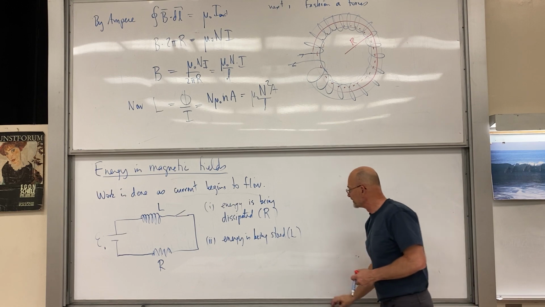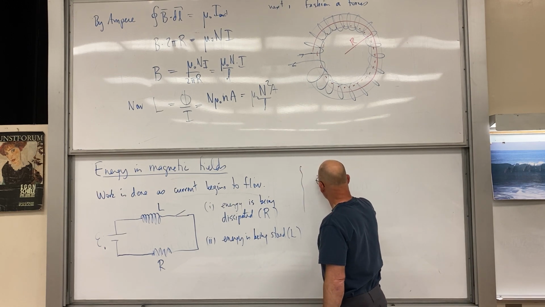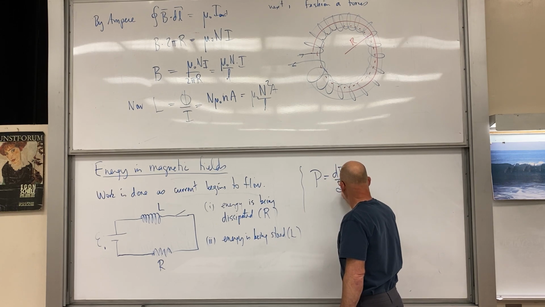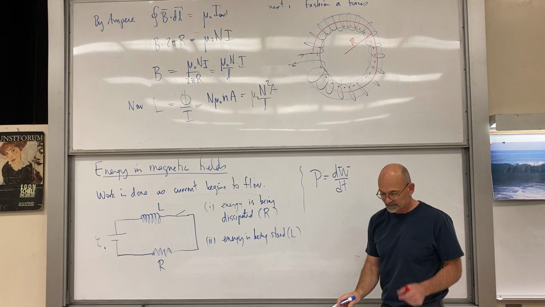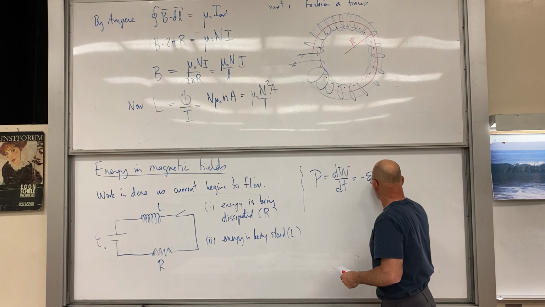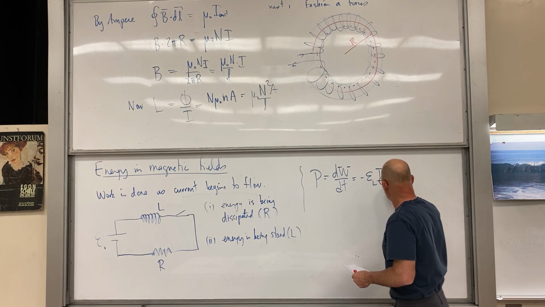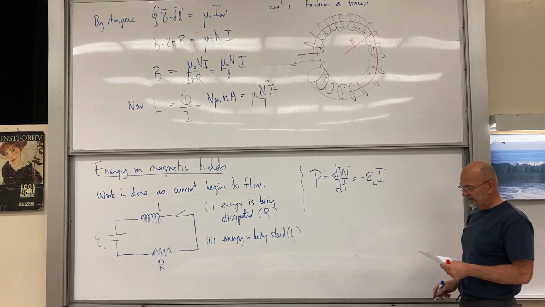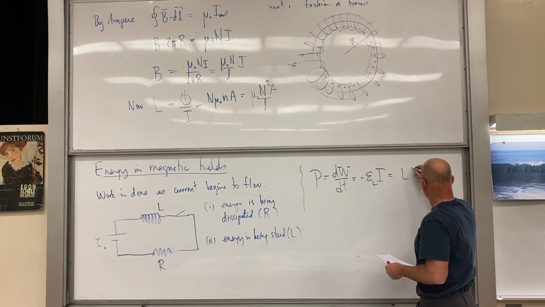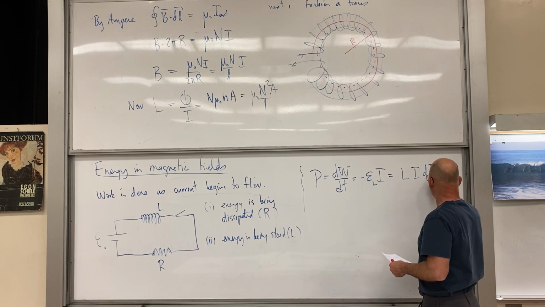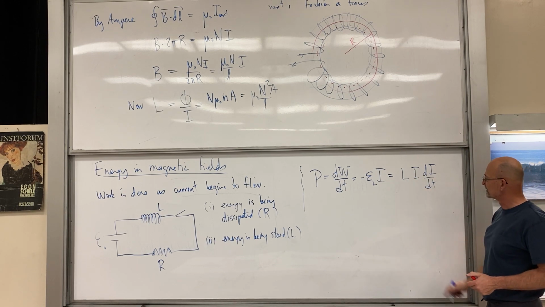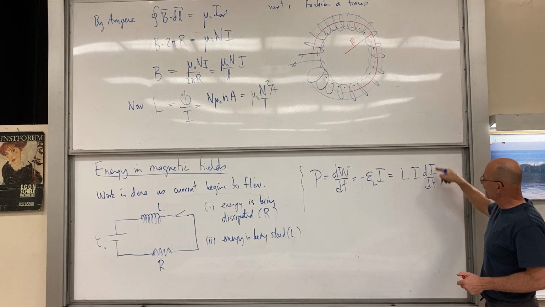We have power equals work being done, and that's voltage times current, and that would be L dI/dt times I. Just by substitution. There's the current minus L dI/dt cancels out.